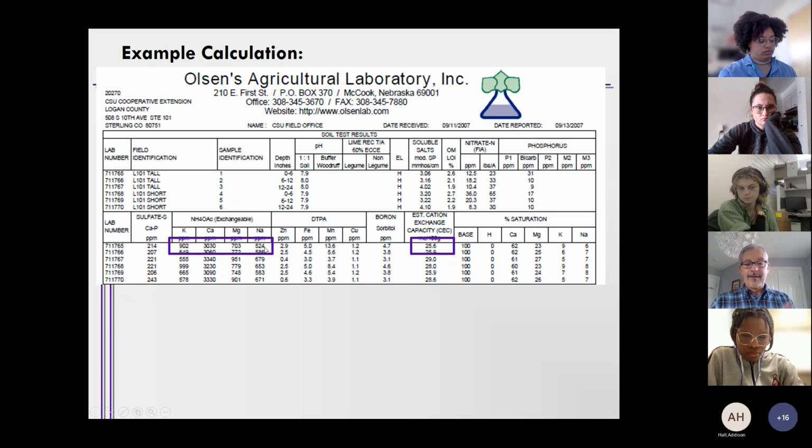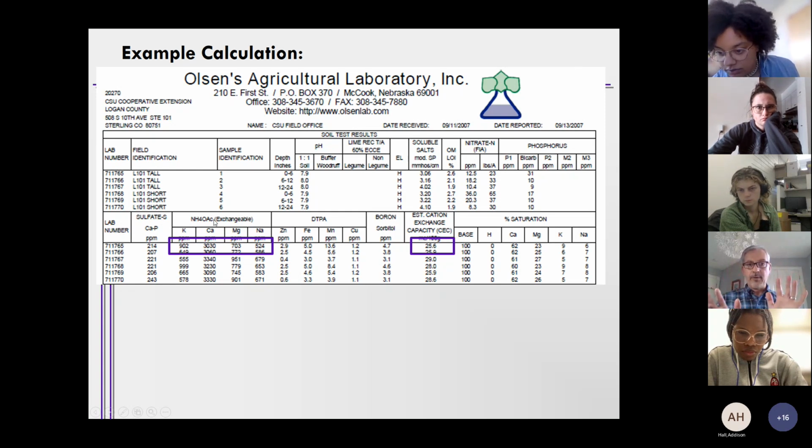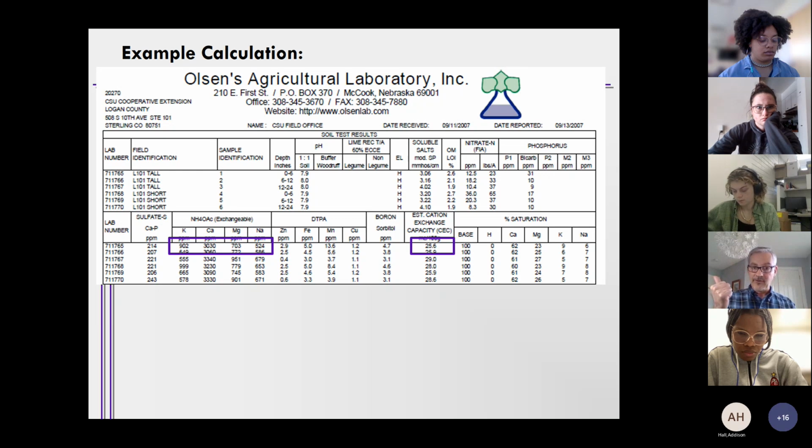And I'll tell you a little bit more about how they did this, and I'll keep this simple. You see this term, ammonium oxalate extraction. What we do in a lab is we flood a soil with ammonium ions. And those ammonium ions, if you place enough of them in solution, kick the basic cations, calcium, potassium, magnesium, and sodium, off exchange sites so we can measure them. And that's what this lab did.